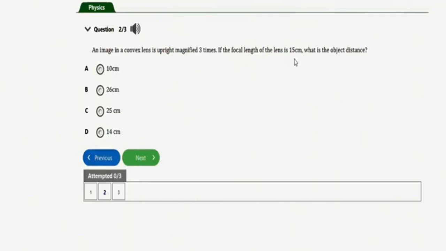Now, the basic formula for calculating object distance or image distance when focal length is involved is 1 over f equals 1 over v plus 1 over u, where u is the object distance, v is the image distance, and f is the focal length.